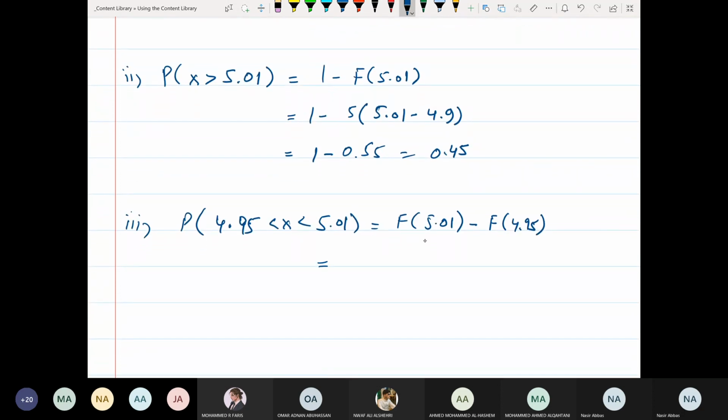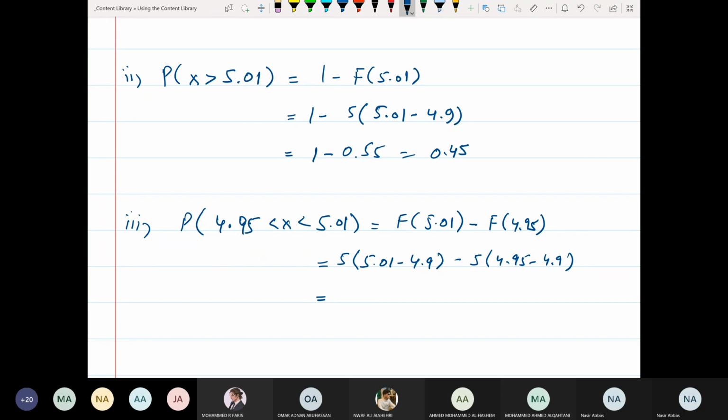So this will give me 5 times 5.01 minus 4.9 minus 5 times 4.95 minus 4.9. Final answer. Yasir Abdo, please go ahead with the question.